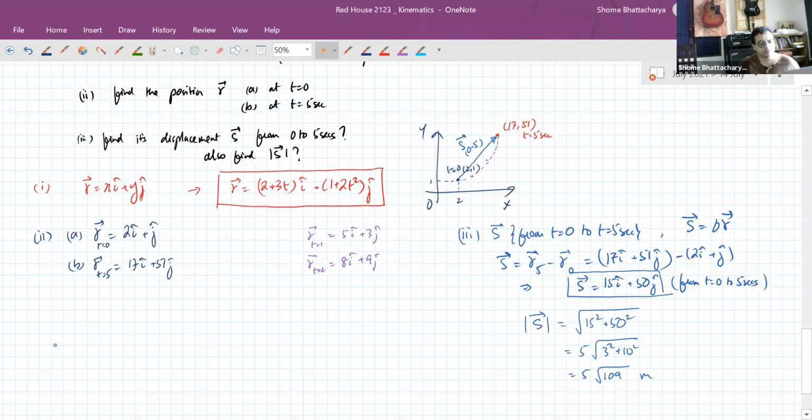So square root of 109, I can do an estimated calculation like this: I can write it as 100 plus 9 to the power half. Then take 10 common from it outside, so 1 plus 0.09 to the power half. Then I can use what is called the binomial approximation, so I can bring this power inside.